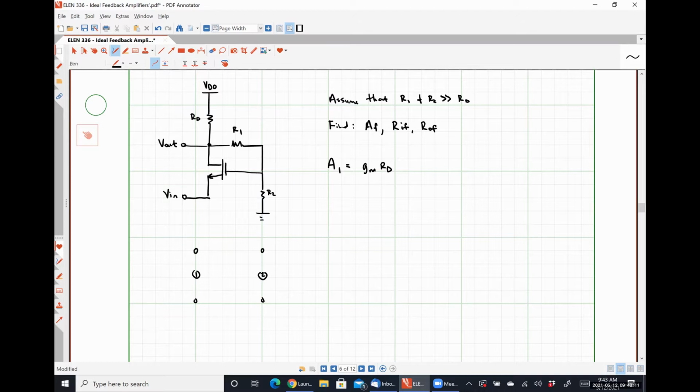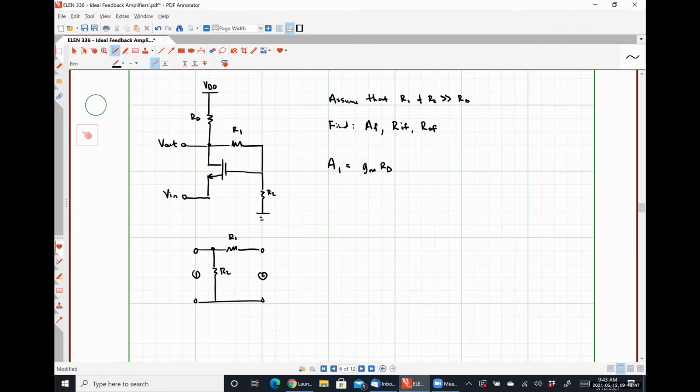I can see that between my output and my input or gate here, I have a resistor R1. And connected at the input side, I have a resistor R2 between port 1 and ground. So this is the configuration of my feedback network as compared to those two port locations.